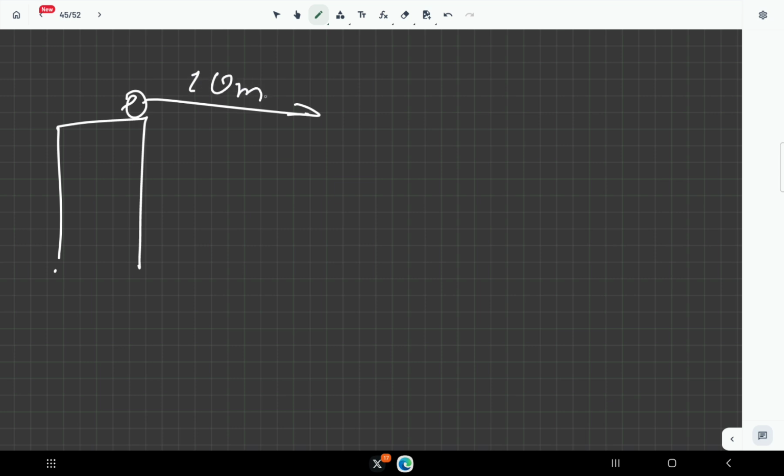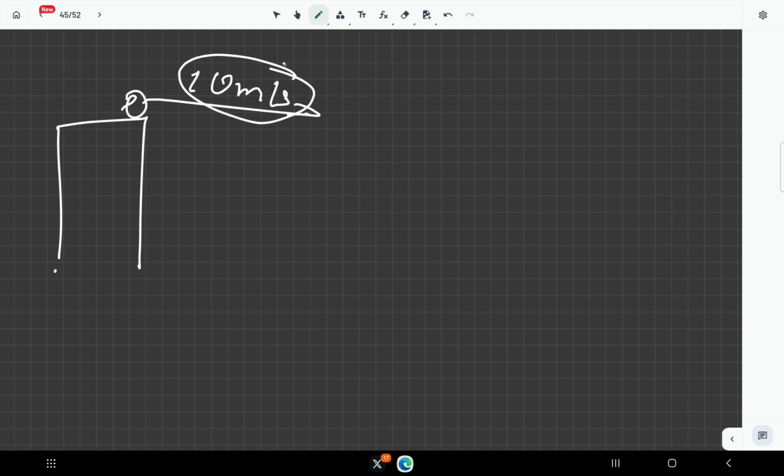Now, let's take an example of the same cannonball being pushed off a cliff at 10 meters per second. Now, we all know that the acceleration due to gravity is constant at the Earth's surface.